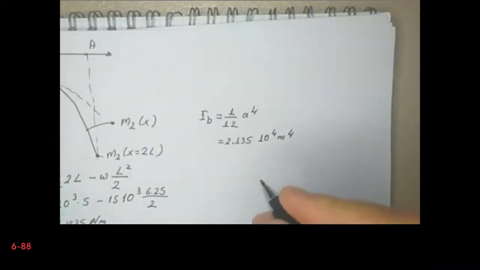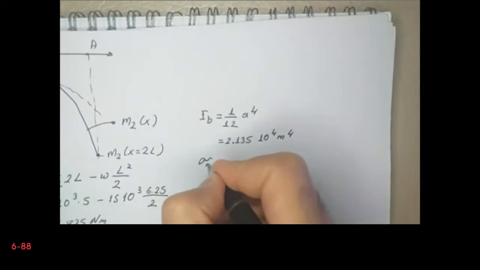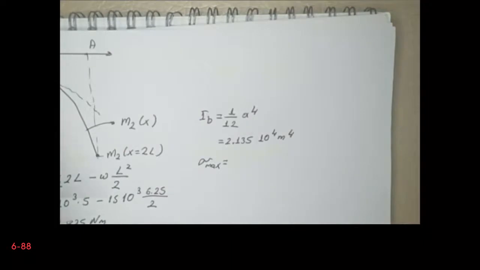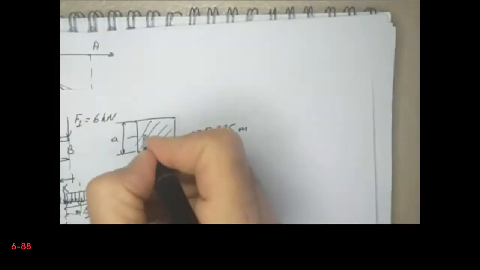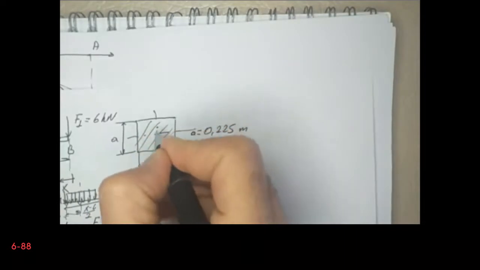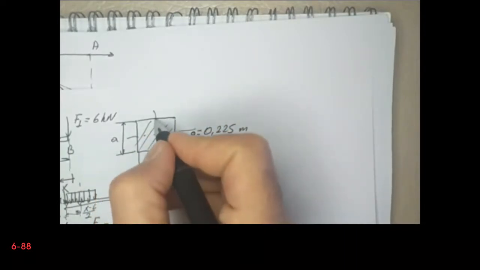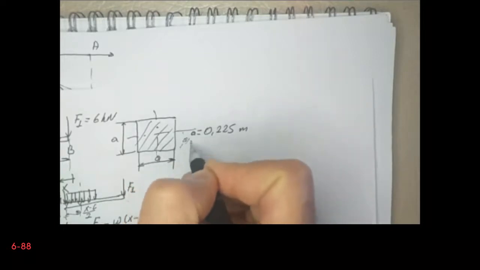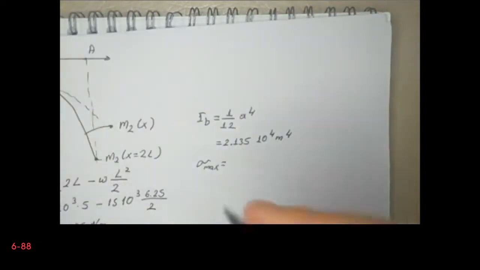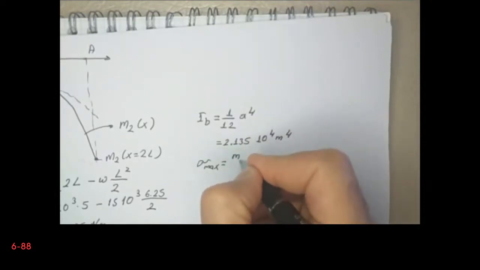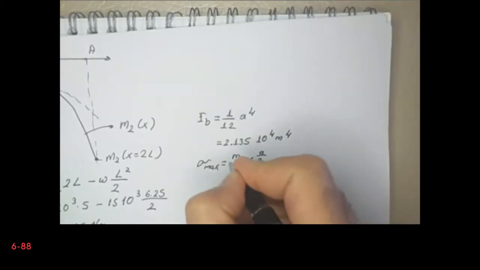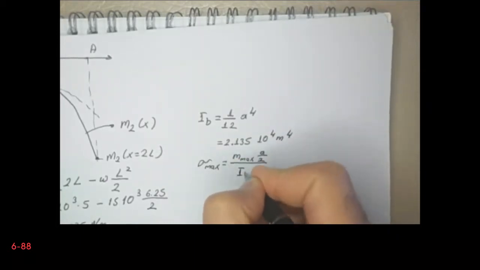Now we can calculate the absolute maximum value of the stress. So remember that we have a square cross section, and certainly we see the maximum absolute stress on the surface of the beam, either here or here, and this distance is A divided by 2. Therefore we can write it like this: maximum bending moment divided by A divided by 2 divided by bending moment of inertia. This is the maximum stress.